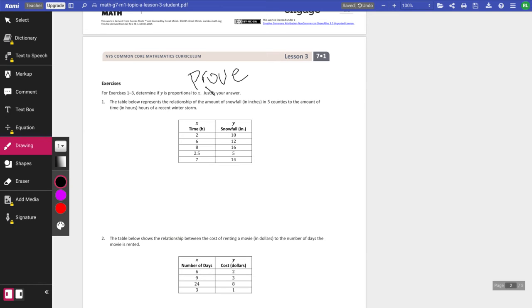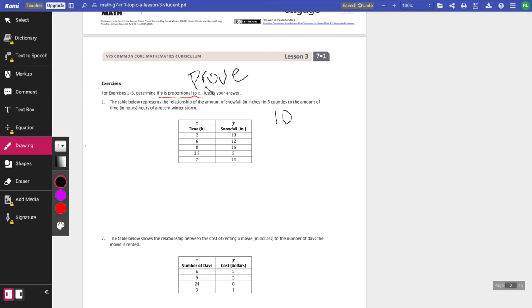So if we want to know if this is proportional, again, we keep going back to that. If we want to know if this is proportional, then these all have to be the same value, right? So if 1 snowed for 2 hours, well, how do I get from 2 to 10?